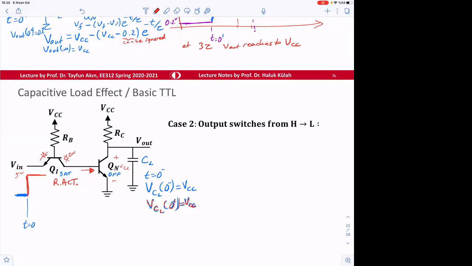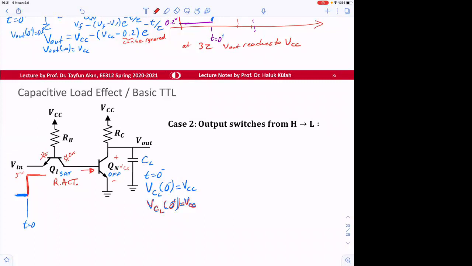When collector emitter voltage is 5 volt, QN cannot be saturated. What is happening? Is it going into forward active for a while? Yes, correct. Perfect.